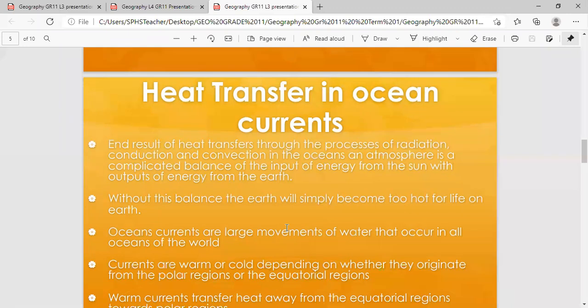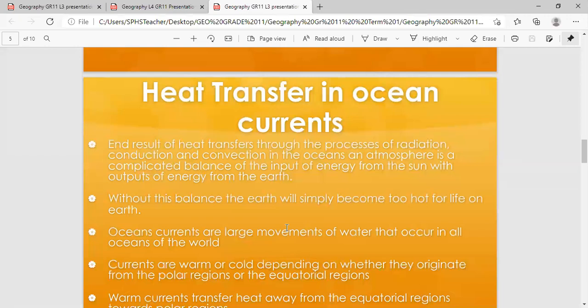Ne? Right, in the oceans and atmosphere is a complicated balance of the input of energy from the sun with outputs of energy from the earth, right? So if we have incoming solar radiation from the sun, which is the main source of energy, which is transferred through radiation, shortwave and long wave radiation onto the earth, and then we have terrestrial radiation, which is happening through conduction as the earth gives off that heat that it has collected from the sun through incoming solar radiation.